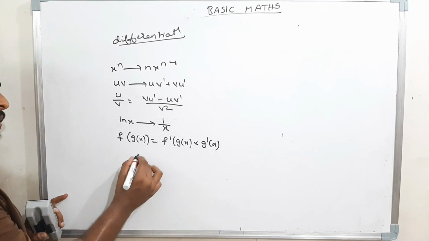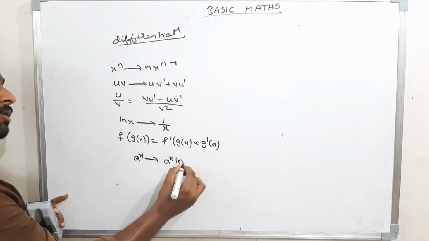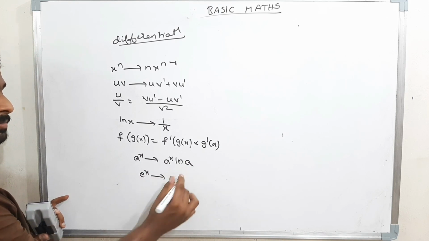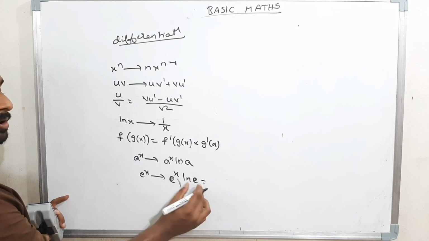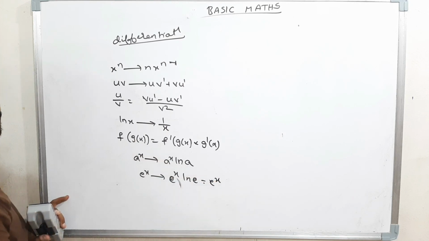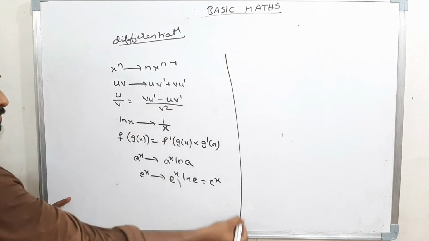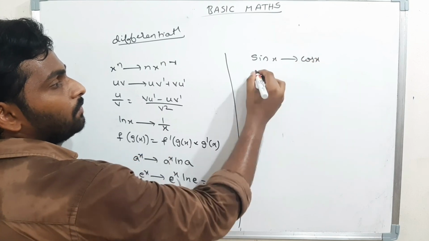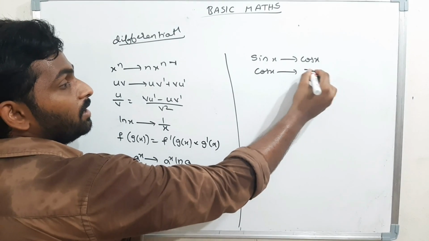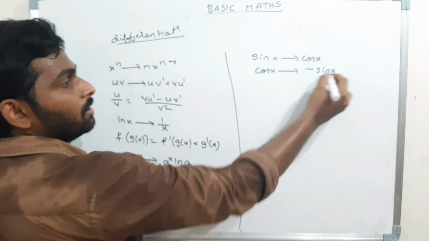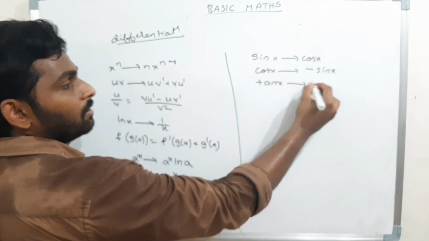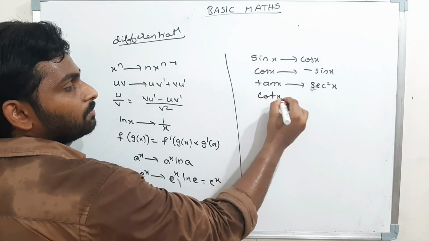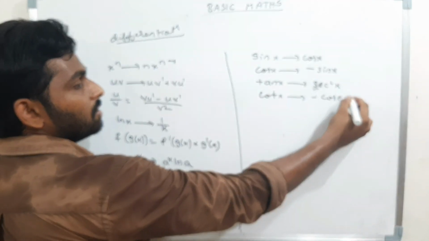Next, differentiation of a power x is a power x ln a. Differentiation of e power x is e power x ln e. Ln e is nothing but 1, therefore e power x. The next one, differentiation of sin x is cos x, differentiation of cos x is minus sin x, differentiation of tan x is secant square x, differentiation of cot x is minus cosecant square x.